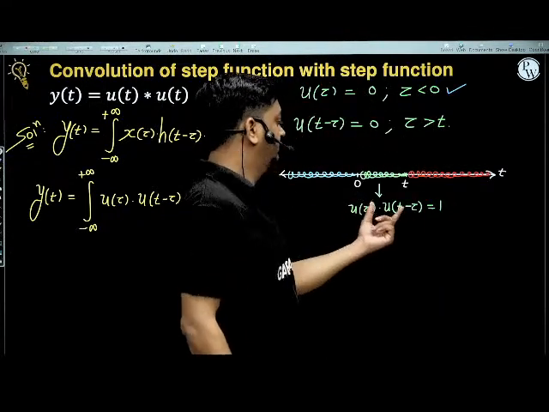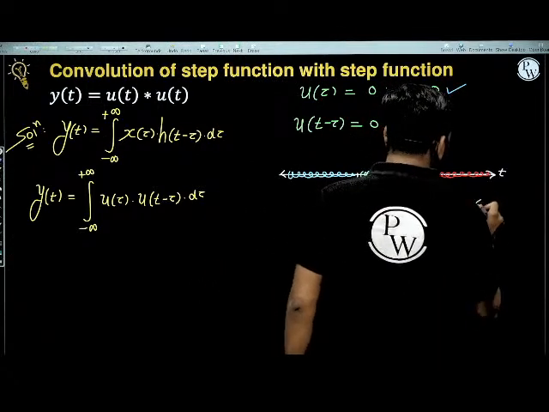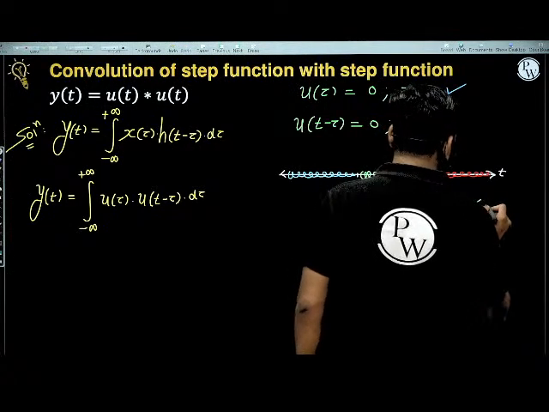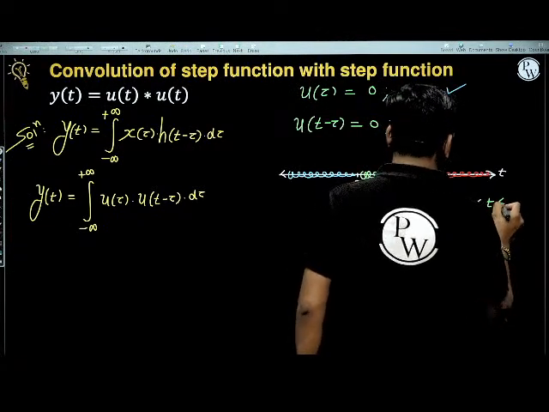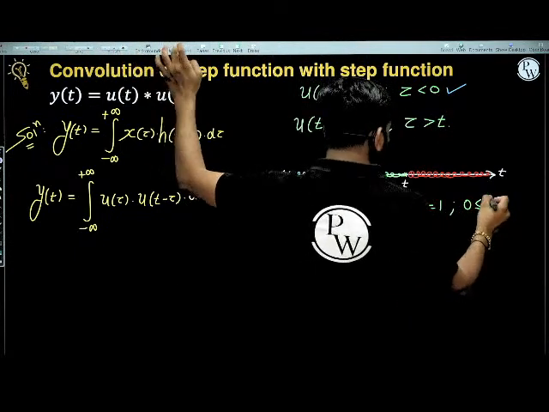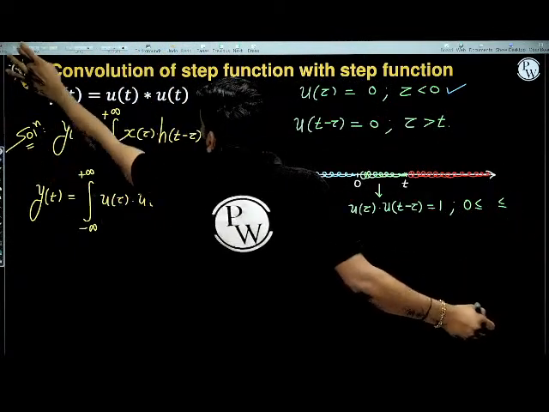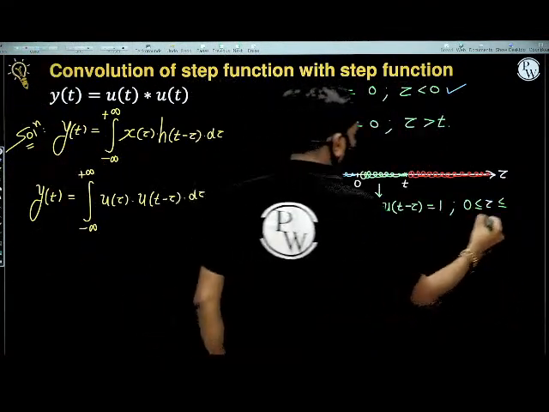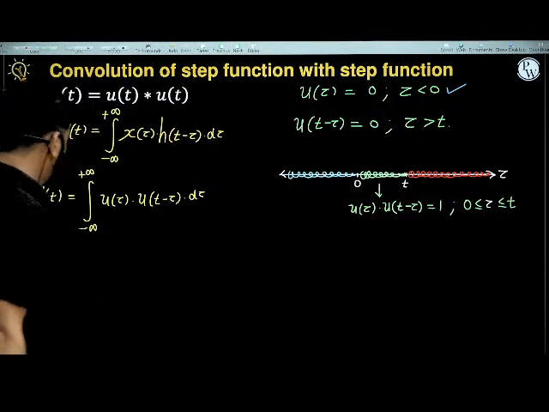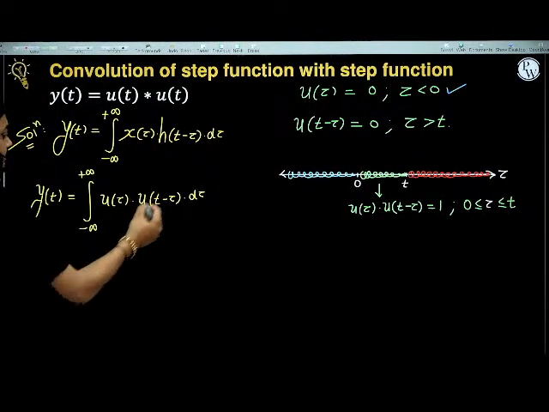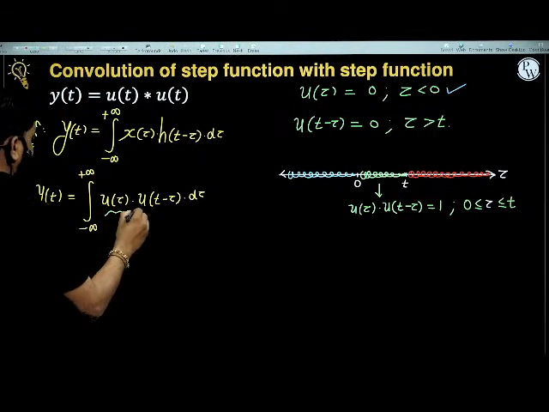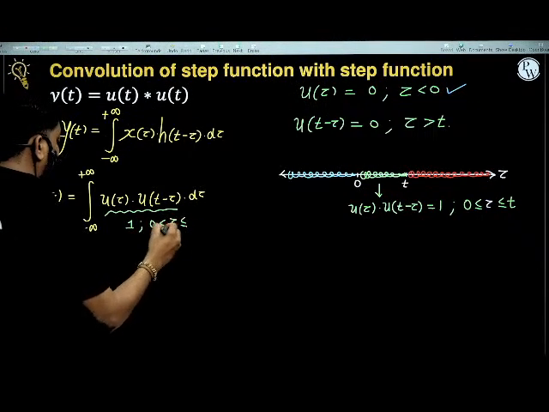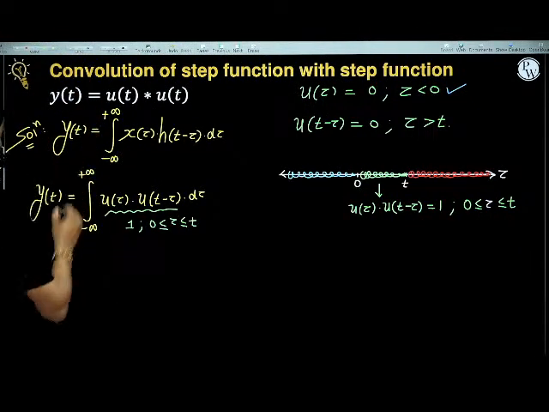Multiplication, here 1, here 1, between 0 less than or equal to tau less than or equal to t. Clear? So if you replace u of tau with 1 and u of t minus tau with 1, then the limit will be 0 to t only, guys, correct?